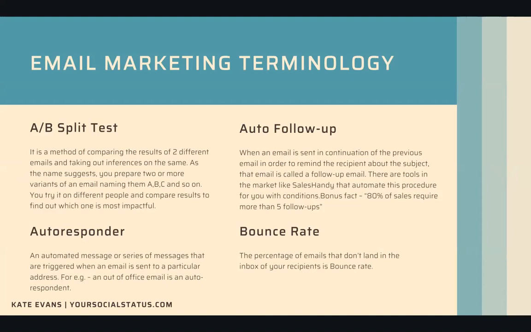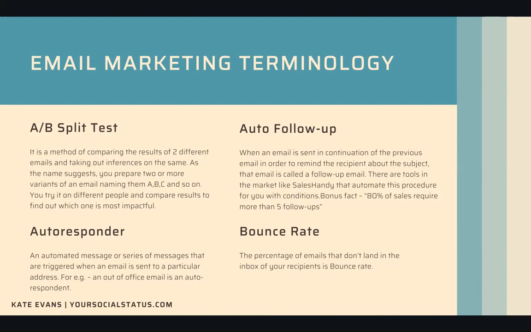If you've ever heard of A/B split test, it's really just us taking two separate subject lines, two different emails, but with the same content or the same general idea, and testing it with different groups of people to see how it performs.